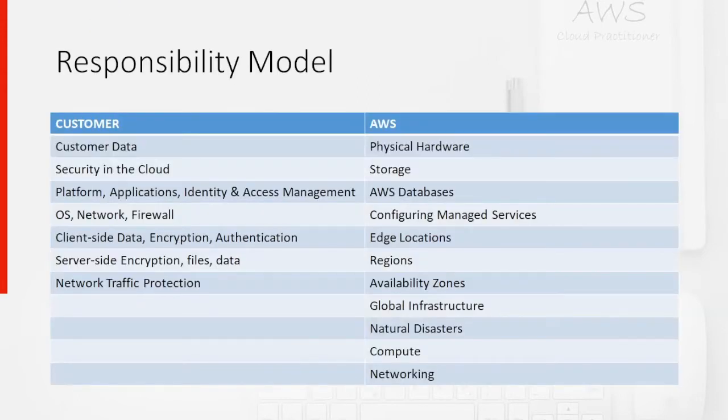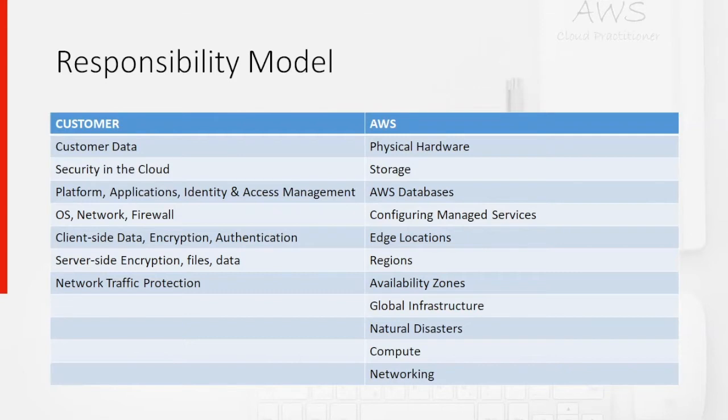Responsibility model. Responsibility of the customer is customer data, security in the cloud, platform, applications, identity and access management, OS, network, firewall, client-side data encryption, authentication, server-side encryption, files, data, network traffic protection.